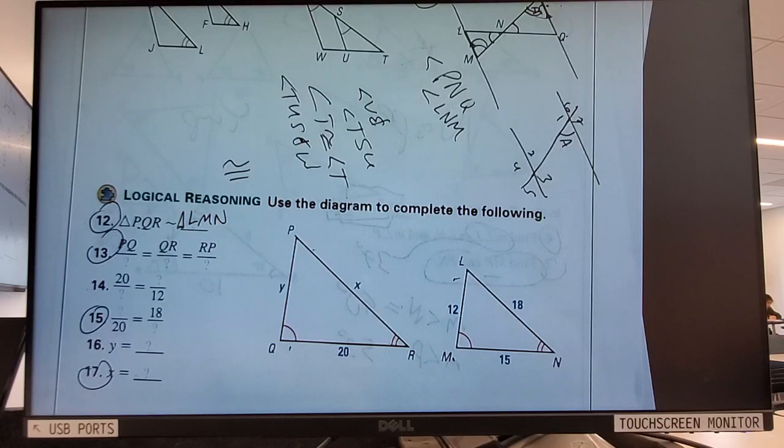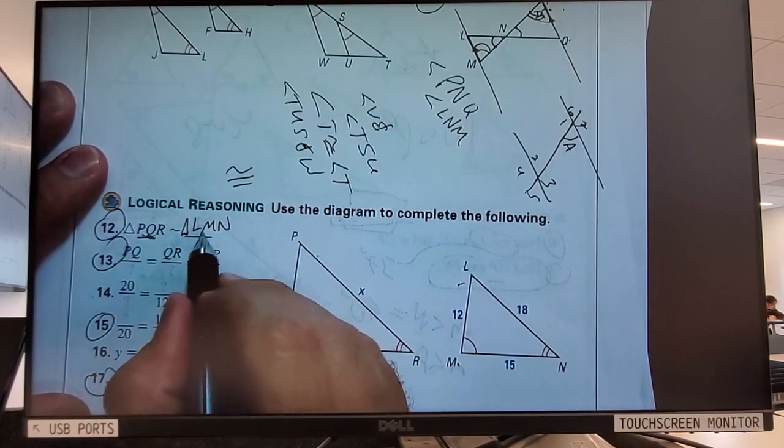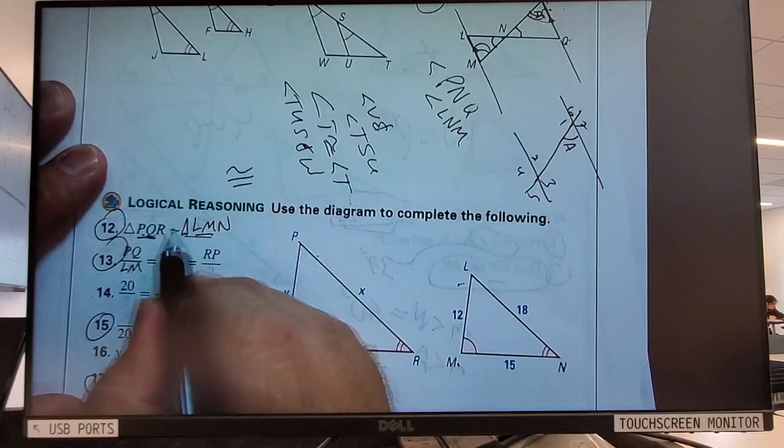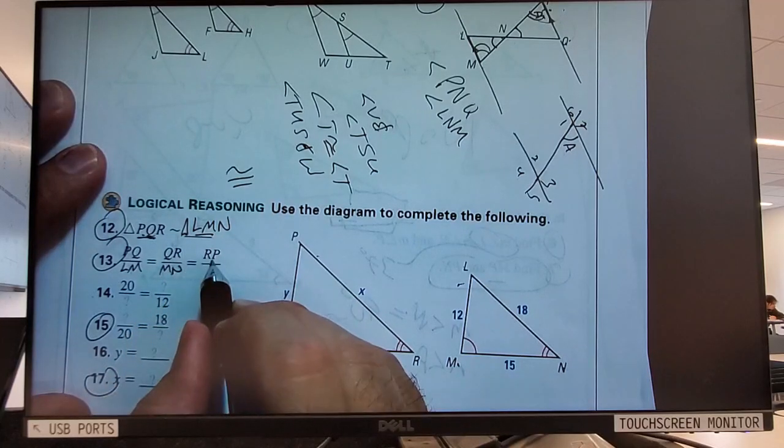I really just want to make sure everybody sees that. It is really obvious once you see it. If you set up your similarity statement correctly, then setting up the correct ratio is easy. PQ over LM, QR over MN, RP over NL.